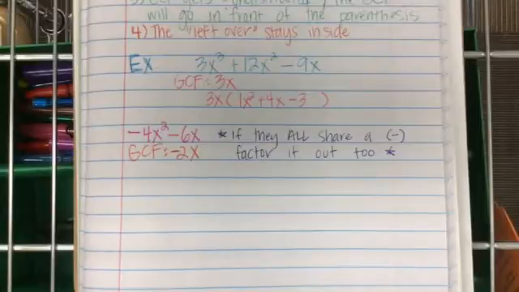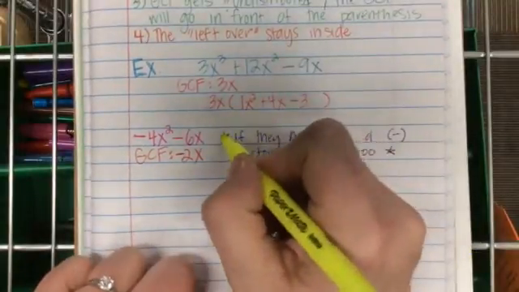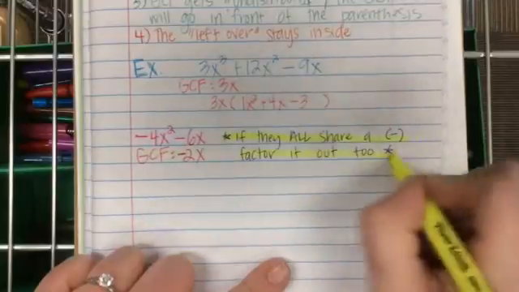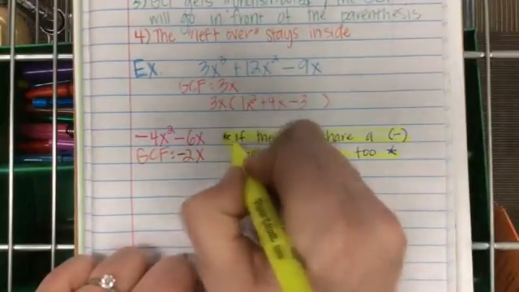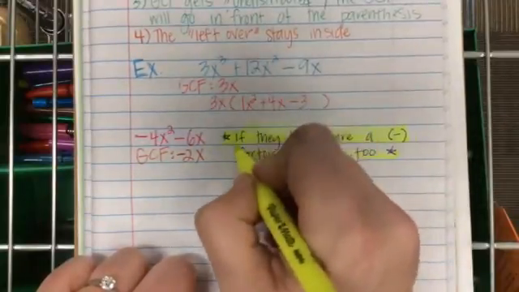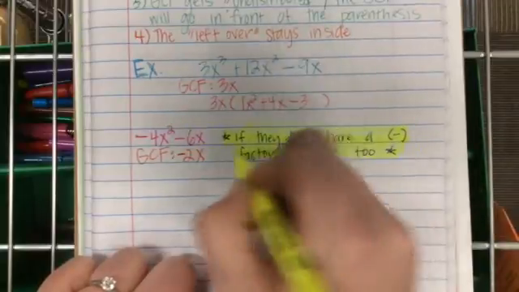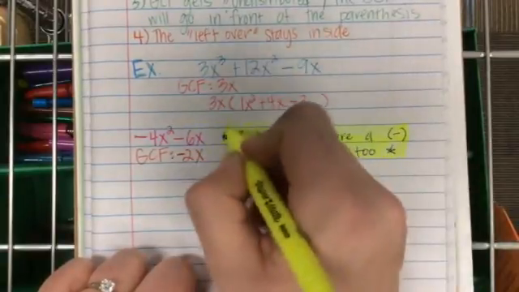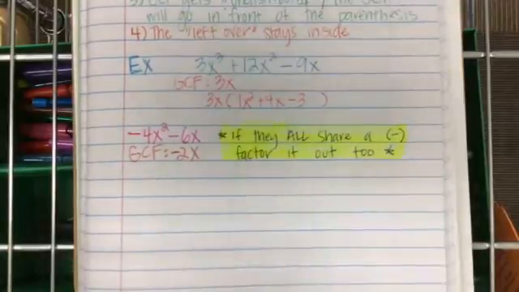It doesn't happen very often that everything shares a negative. So if they all share a negative, that gets factored out too. And that's kind of the tricky part of this concept, greatest common factor, because a negative value is not greater than a positive value. So you kind of have to take it with a grain of salt.